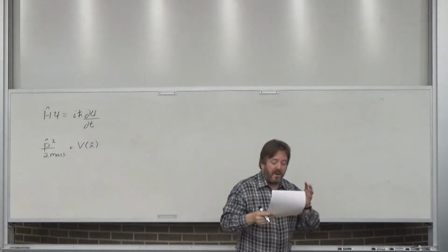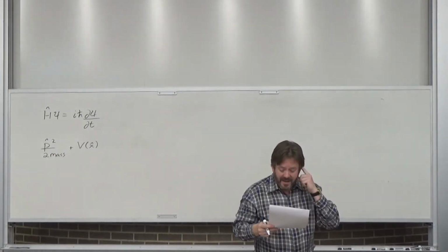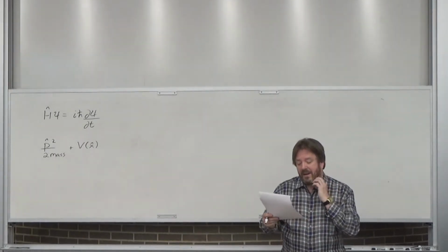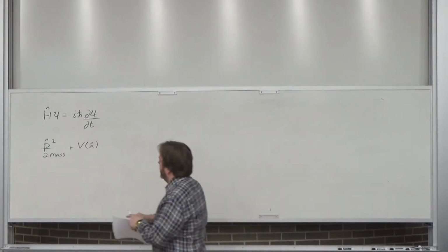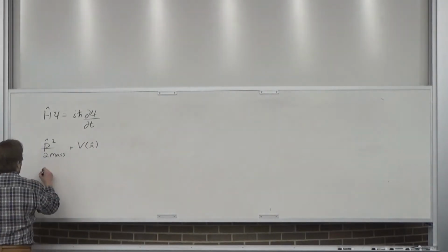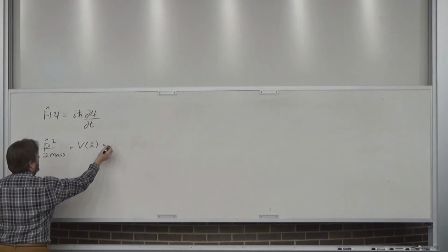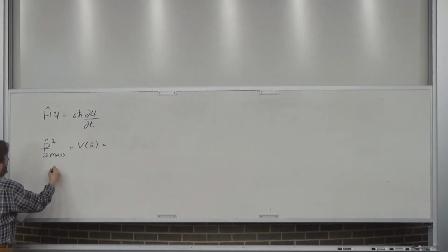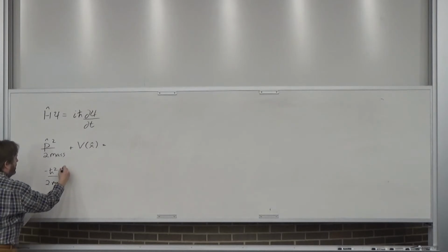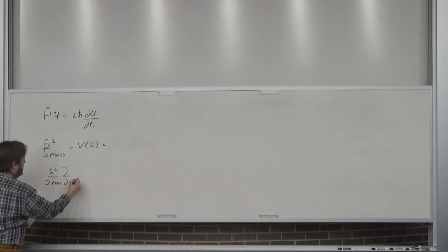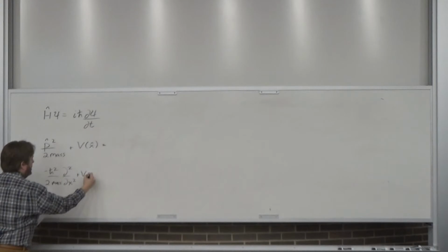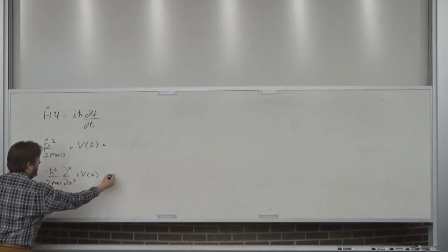It's rare to have a time-dependent potential. They do exist, but let's say that the potential is not dependent on time. Oh, and tell you what, let me spell all this out. The kinetic energy operator, and again, we're just going to be in one dimension, equals, blah, blah, blah.